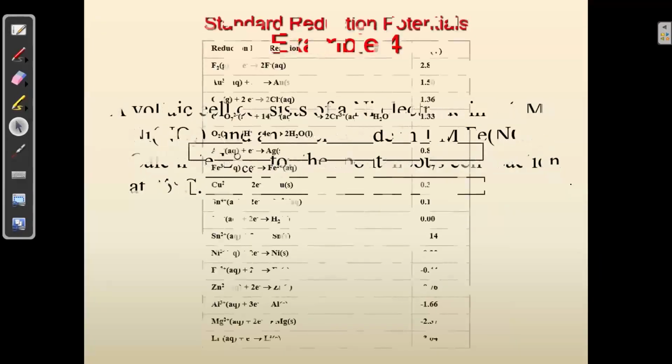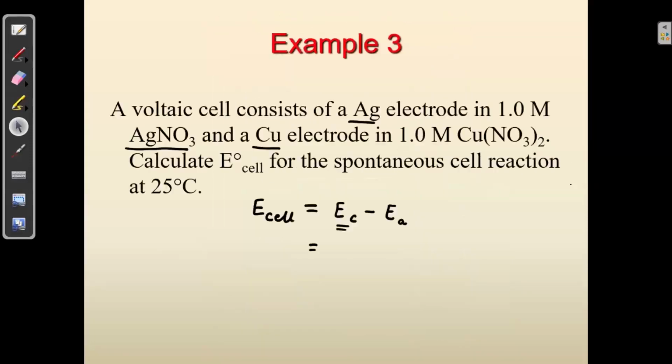If you put the values there, 0.8 minus 0.34 gives us 0.46. So if I connect this combination, the potential difference will be 0.46 volt.